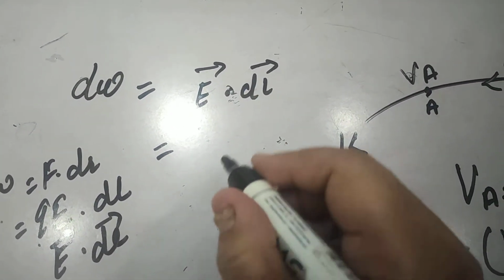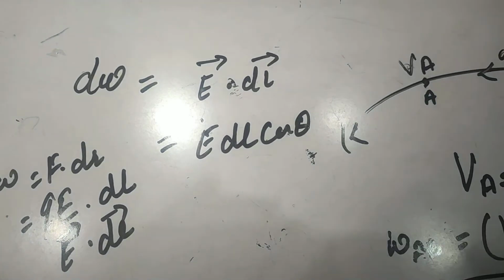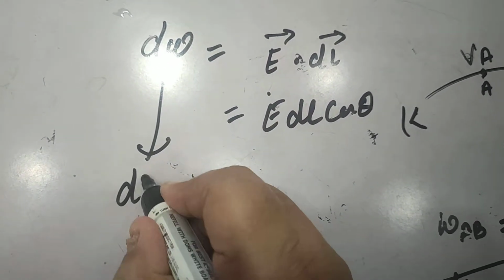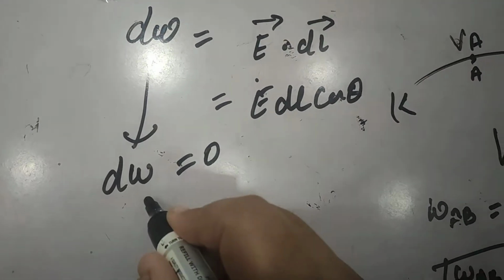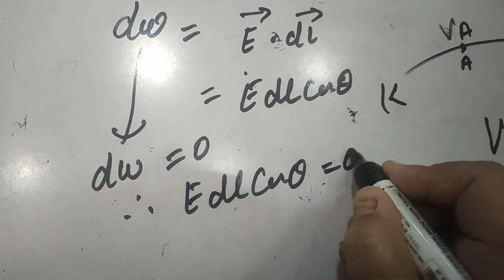Now this E dot dl can be written as E dl cos theta. Since the work done over the equipotential surface dW is equal to 0, therefore E dl cos theta is equal to 0.